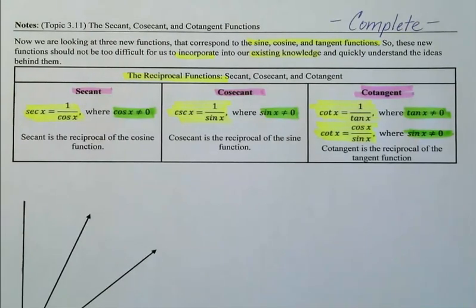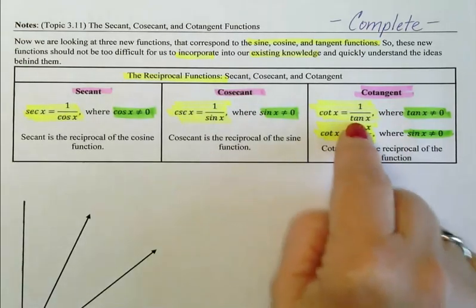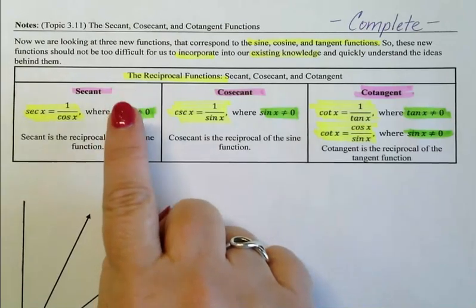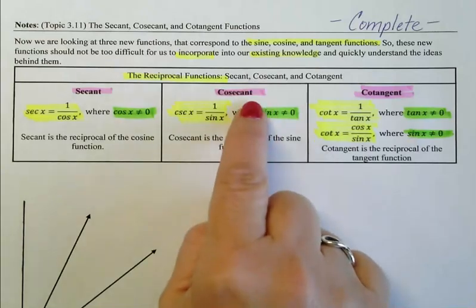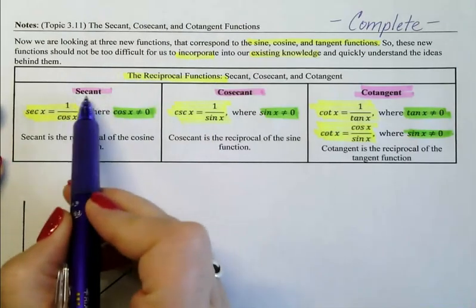So the first thing that you have to remember, cotangent and tangent are really easy to tie together because it's basically kind of the same name. So how are you going to keep sorted what function does secant pair with and what function does cosecant pair with? One of them's going to pair with sine, one of them's going to pair with cosine. So I had a high school teacher that always told us every co has a non-co. And what she meant by that is you look at the prefix here.